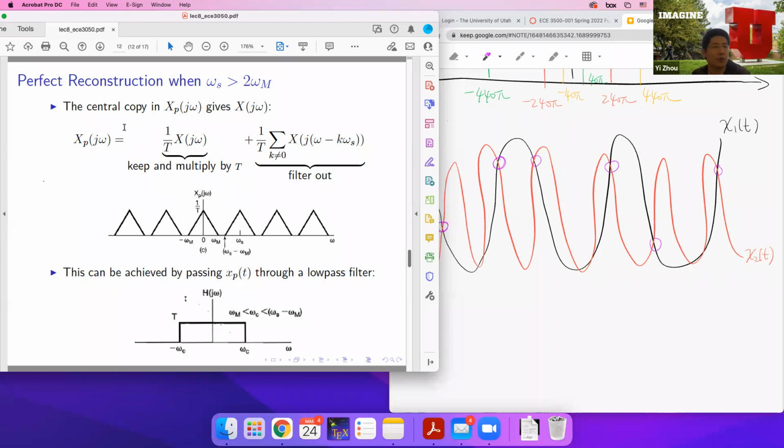So specifically what you do, for example, the easiest way is to filter out the first copy, the centered copy, and filter out all the rest of the copies. And to do that, you just need to apply a low-pass filter to the entire spectrum.